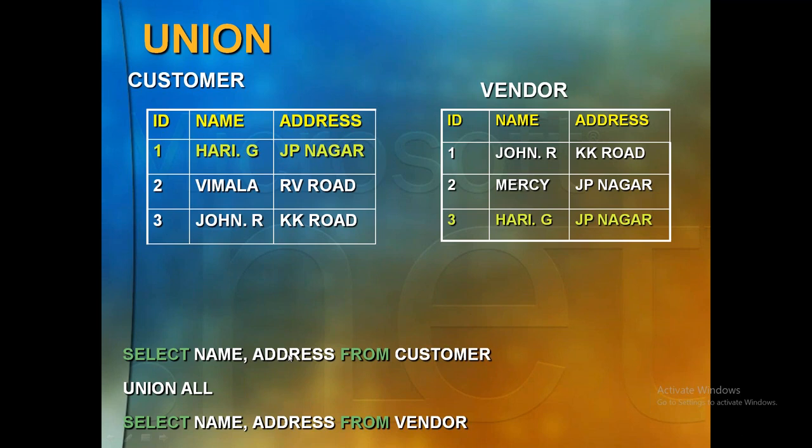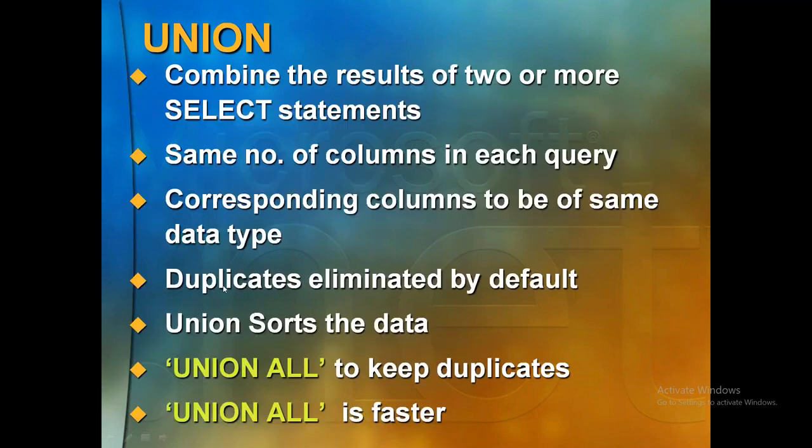If it is a date and time column, this should be a date and time column. If one is an integer column and the other is a varchar column, then you will not be able to use union or union all. Clear? So the same number of columns must be available in all the select statements, and the corresponding columns' data types should be the same. Clear?